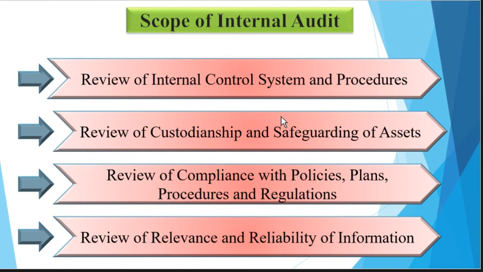For the purpose, the internal auditor should review the means used for measuring, classifying and reporting information, including the records from which the information is extracted. He should examine the accuracy and reliability of financial and operational records.